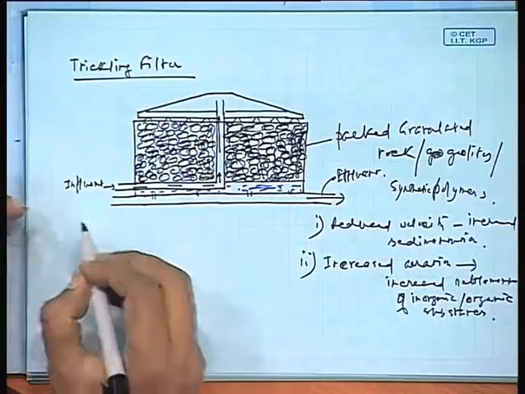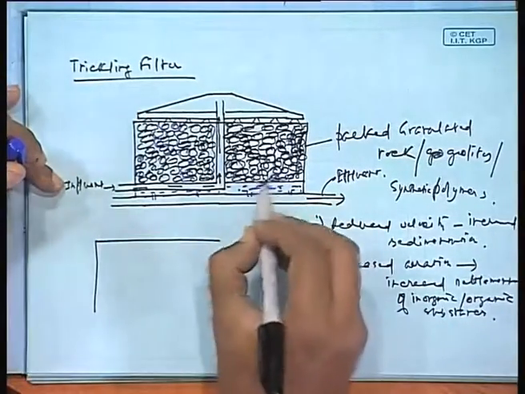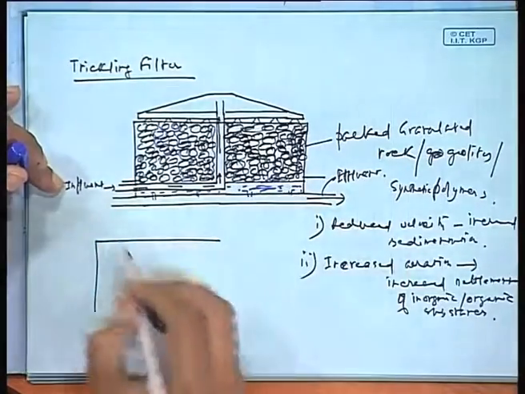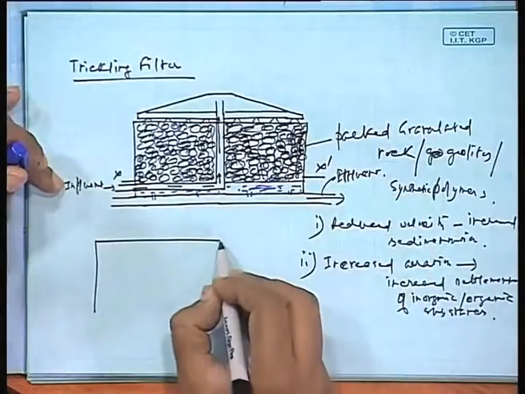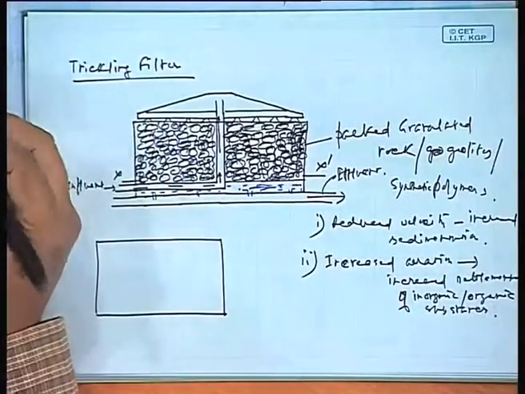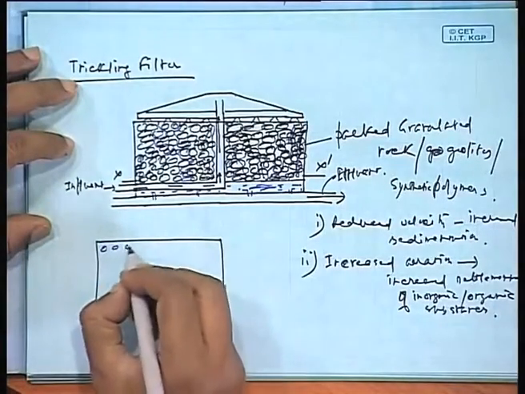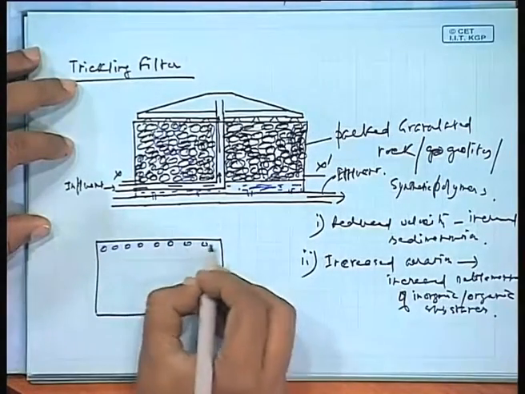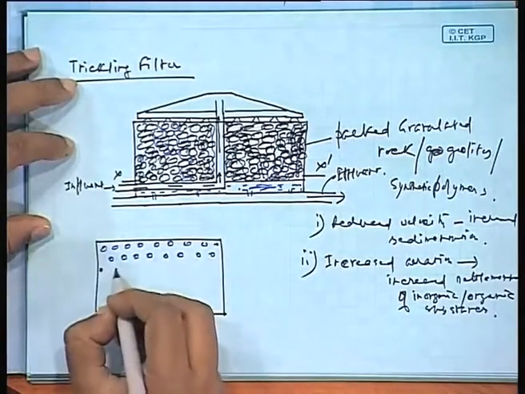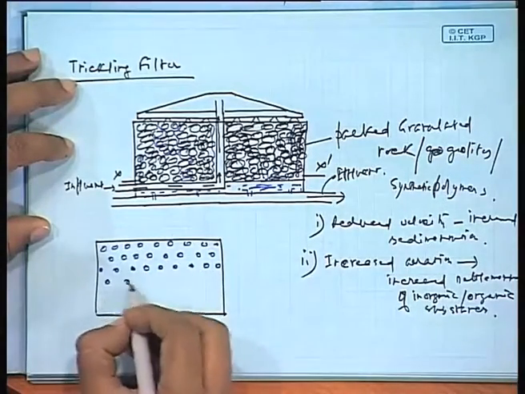If you just try to observe from a plan, if you just make a section along this line, around this x dashed, what you observe is that there would be small perforations on these surfaces, the small perforations that we see generally in all surfaces of this nature, through which the water would be allowed to pass.